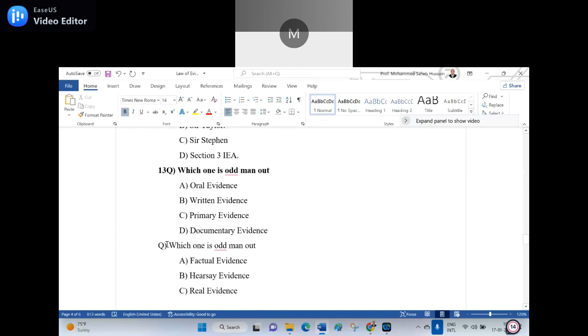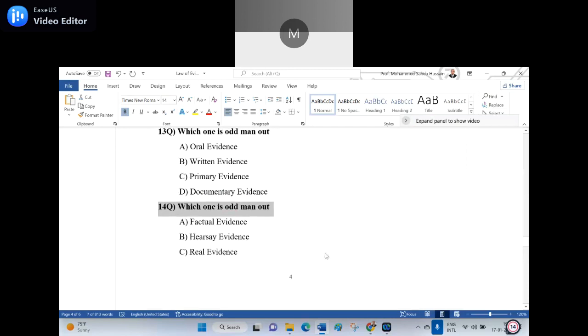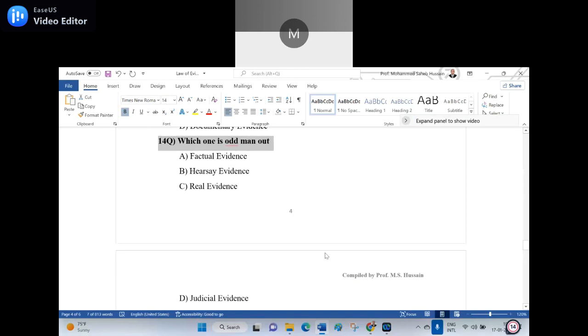And the 14th question. Which one is odd man out? Options: A, factual evidence, B, hearsay evidence, C, real evidence, D, judicial evidence. Which is odd man out, which is not there in the evidence list?